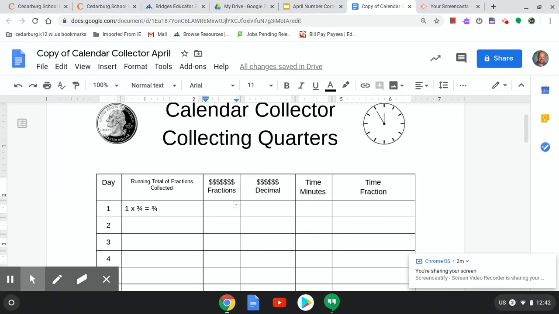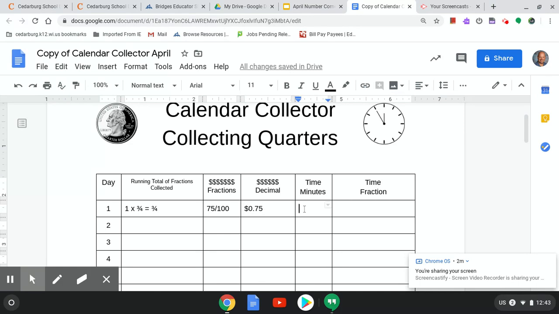When we set up fractions of money, what would our denominator be? 1 whole would be 100 cents, so it would be 75 over 100. Would you agree? And then what would a decimal look like? Decimal is pretty easy because we're working with money and we're very familiar with money. We're just going to put 0.75.